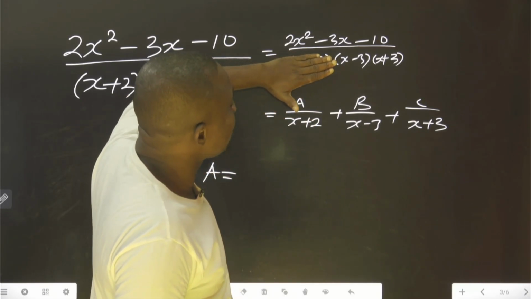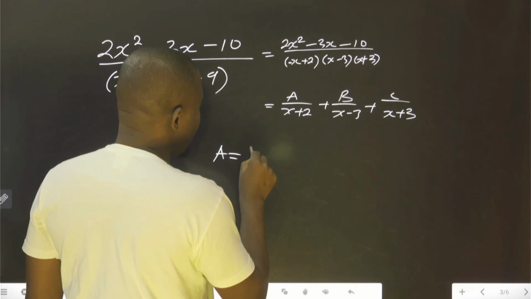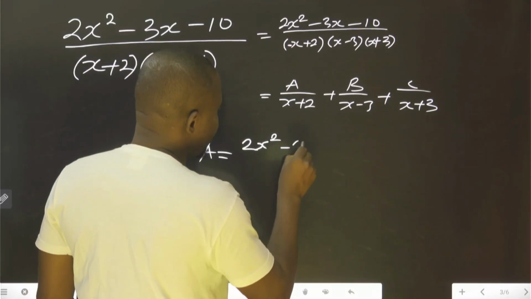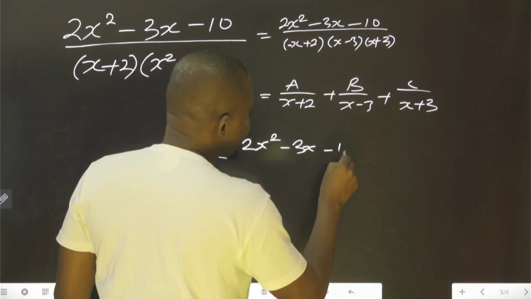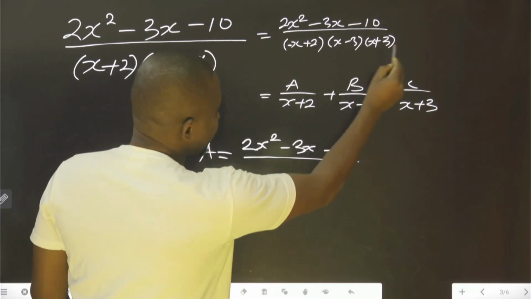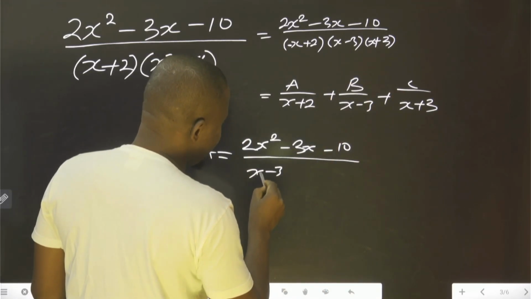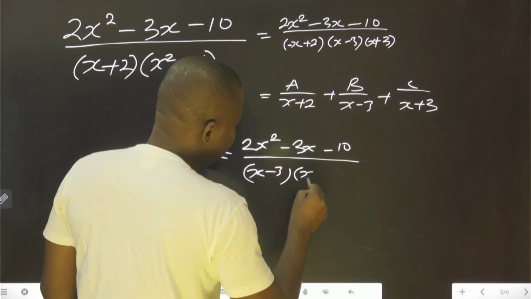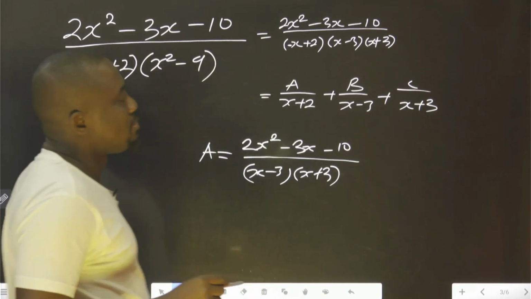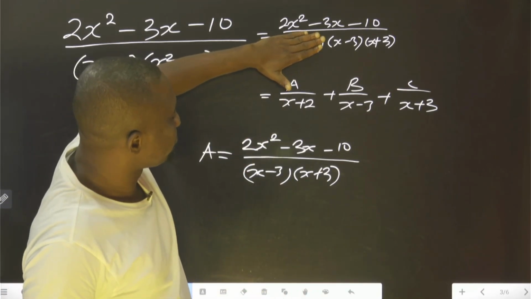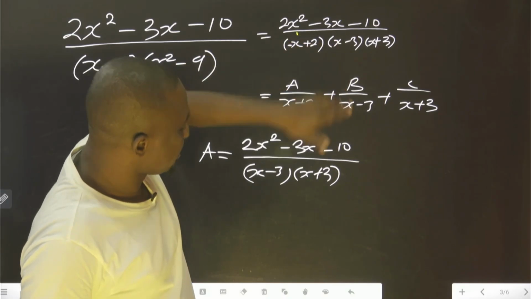We cover it. What is remaining is 2x squared minus 3x minus 10 over s minus 3, s plus 3. After covering this, this is what is remaining.